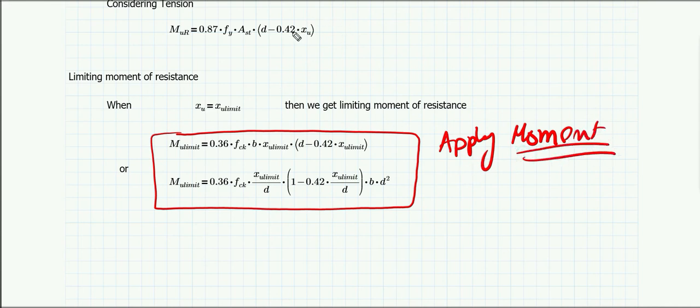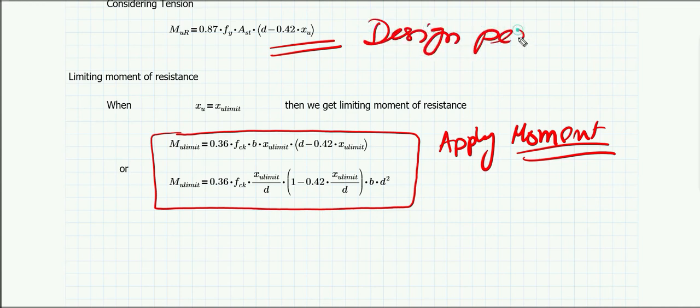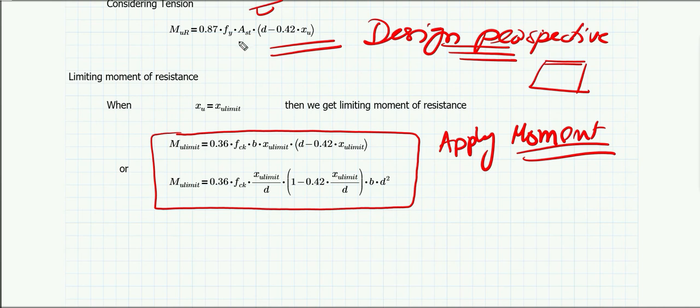Okay, see, this is from the design perspective. While designing, we assume that the structure should not crack, and we are assuming some partial safety factors. All this is there inside this.